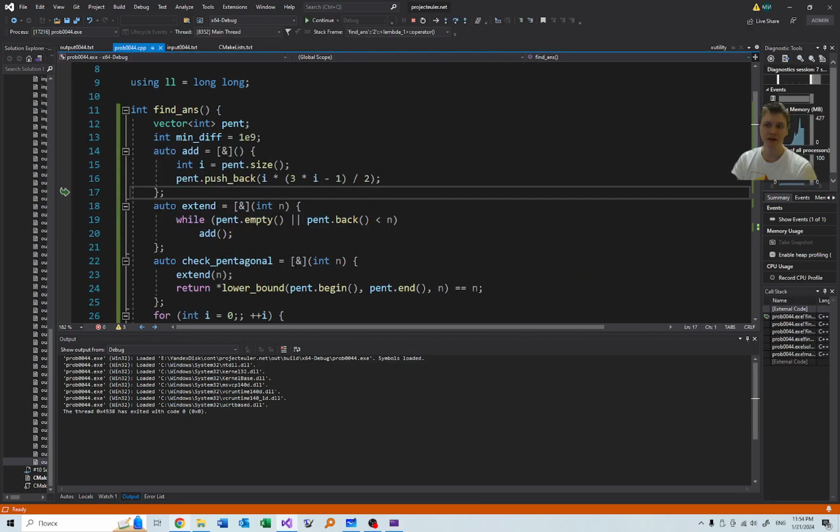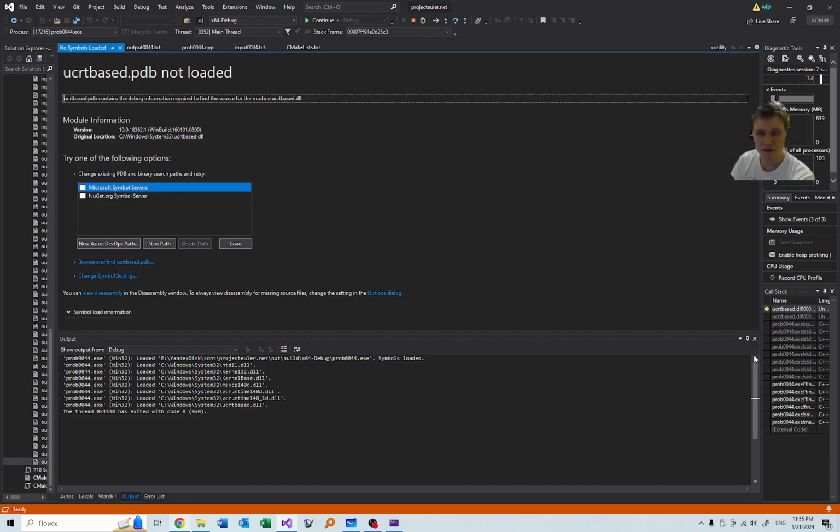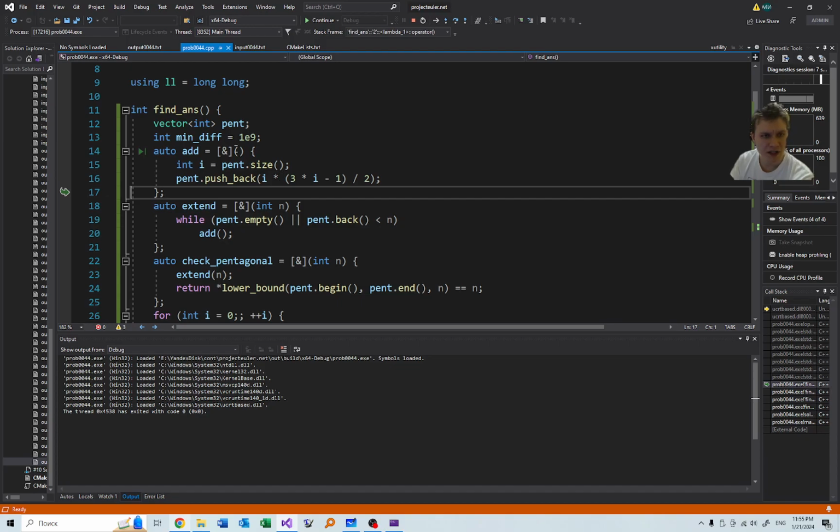See what's happening here? We already have 427 megabytes. This is not good.